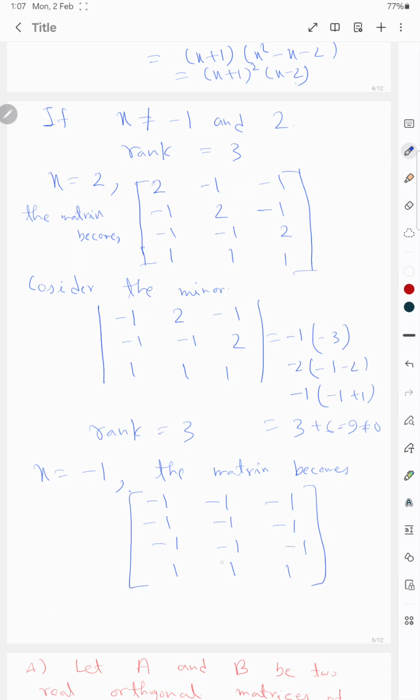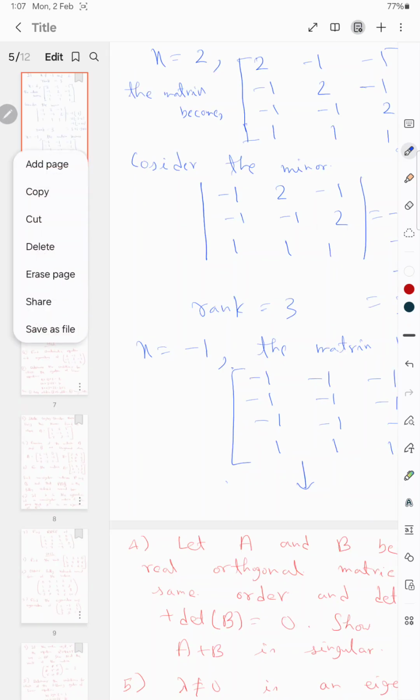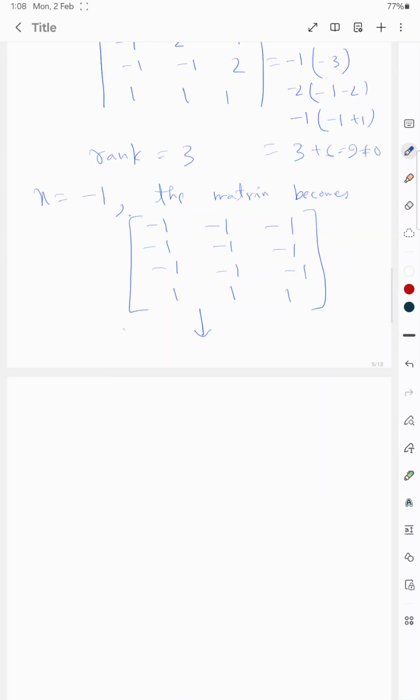All the matrix rows, actually three of them, are totally identical, and the fourth one is also a multiple of minus 1, right? So for this type of thing, just do some row operation. You will see you will get only one row. You just show the transformation, nothing else.